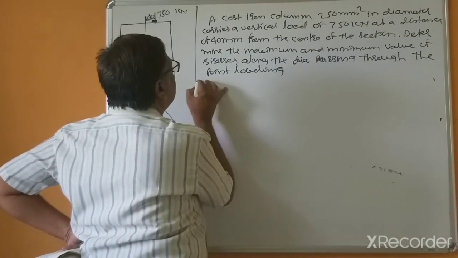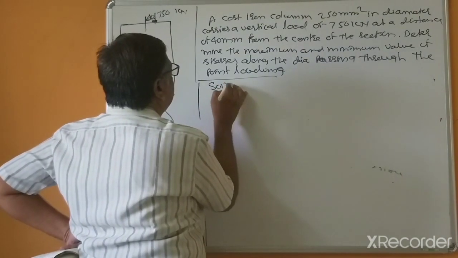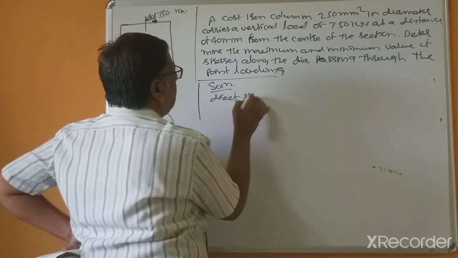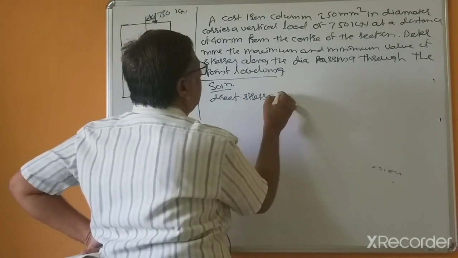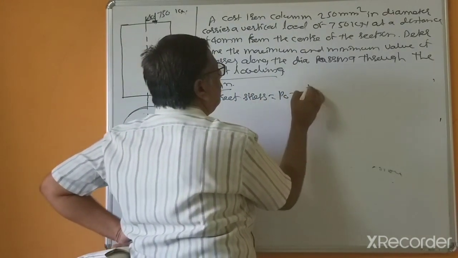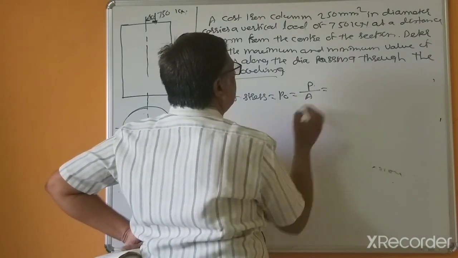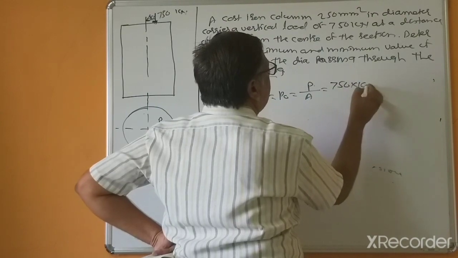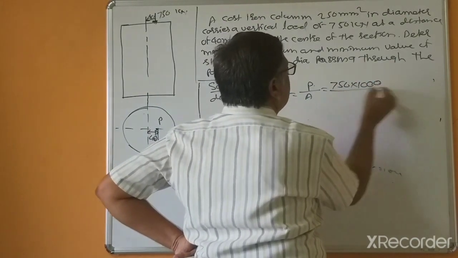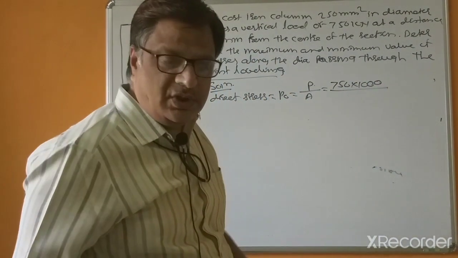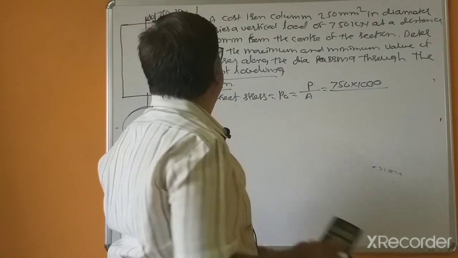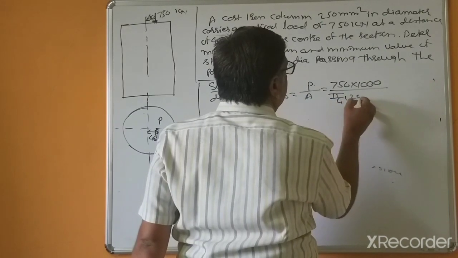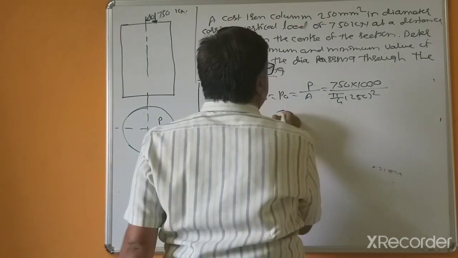Again, solution. Direct stress equal to P divided by A, P equal to 750 kilonewton multiplied by 1000. This is for conversion, kilonewton to Newton. Area of cross section pi by 4, 250 square.